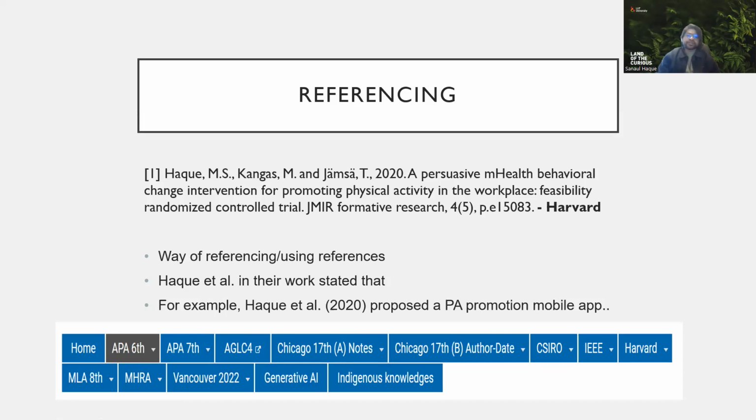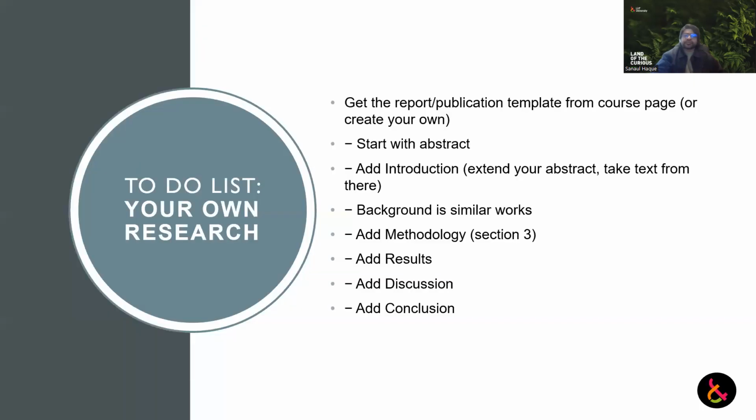Another example is, for example, Hawk ETL proposed a PA promotion mobile app in their work, or sometimes according to this author, according to number 2 or number 1, it can be stated that. So these are a couple of techniques for how you show those papers in your article, or even formal academic writing.